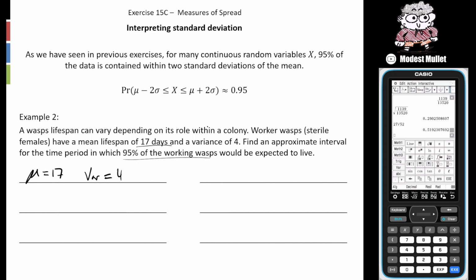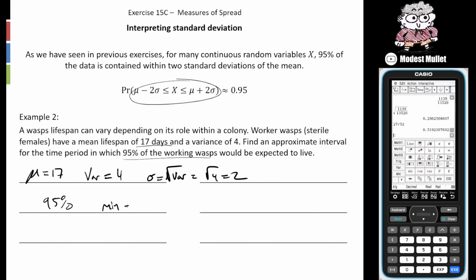Okay, well, first we need to find our standard deviation, which is the square root of the variance. So square root of 4 is just 2, nice and easy. So that's 1 standard deviation. So 95%, as it says up here, is plus or minus 2 standard deviations.